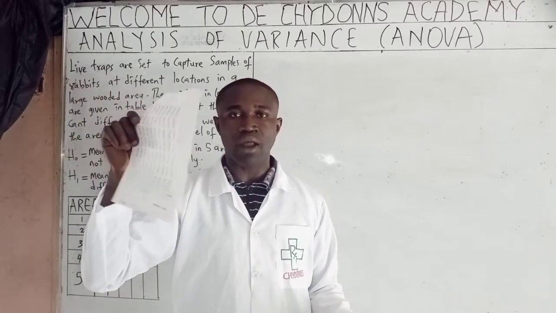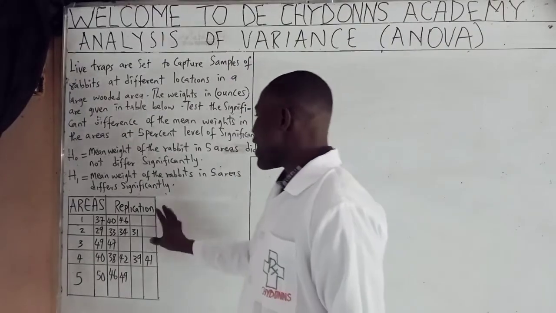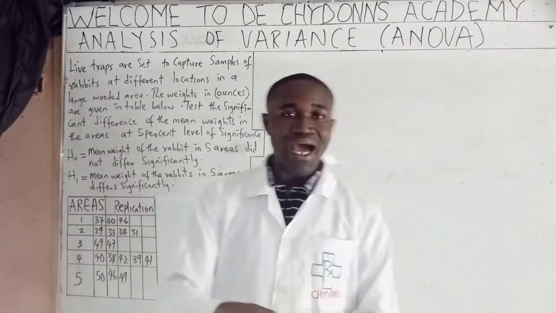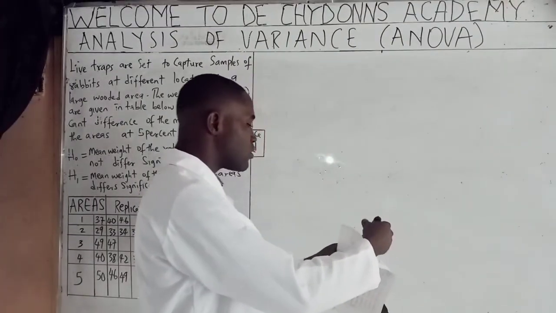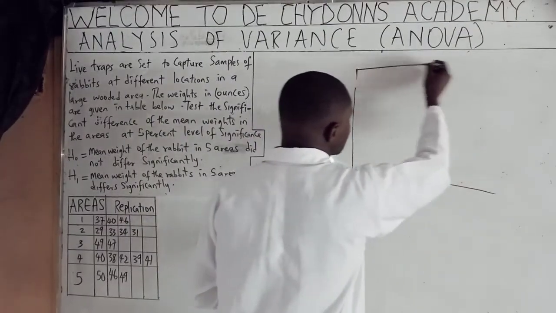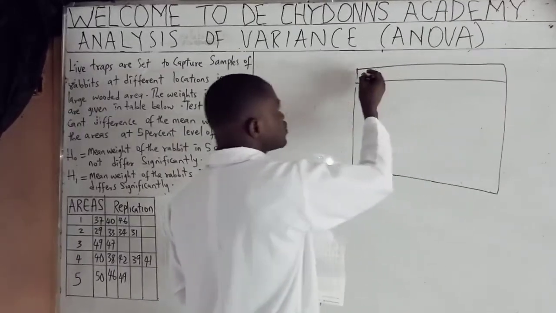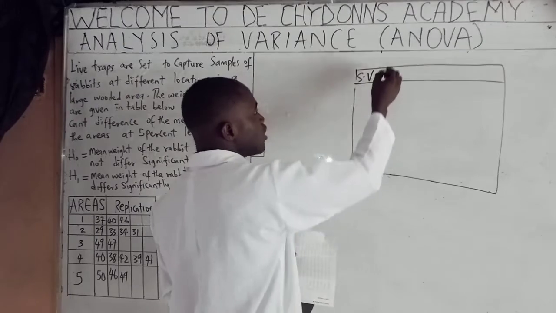I'm holding my own now to solve this. Now, look at this question. We noted that in One Way Anova, it has a table which is sketched this way, where the first one is source of variation.